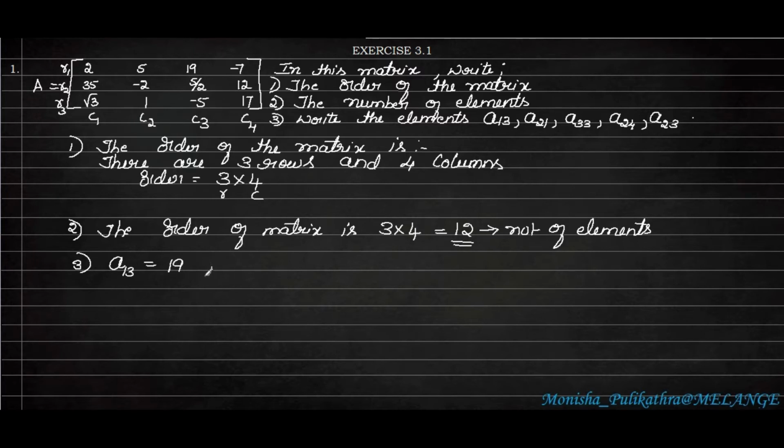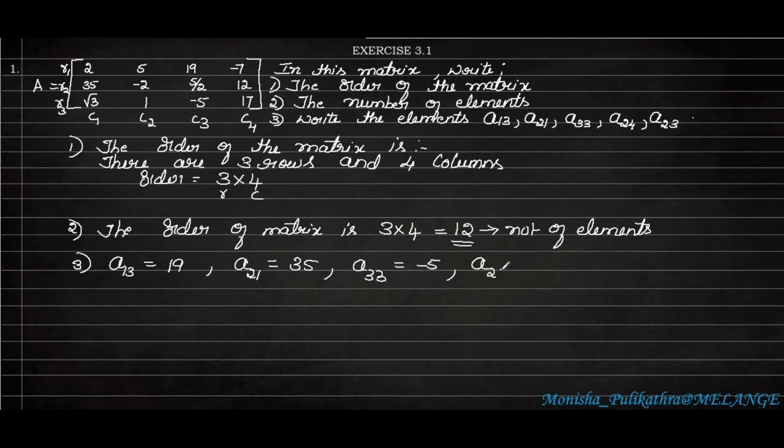Next, A21 means second row, first column, which is 35. Next is A33, third row, third column, the number is -5.